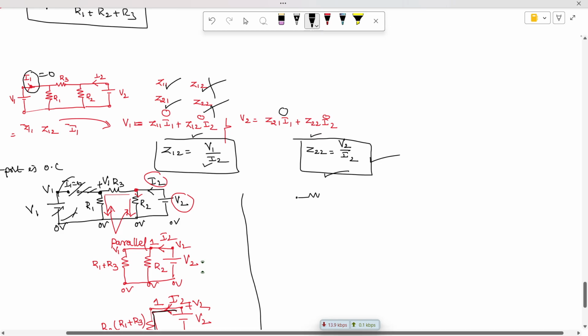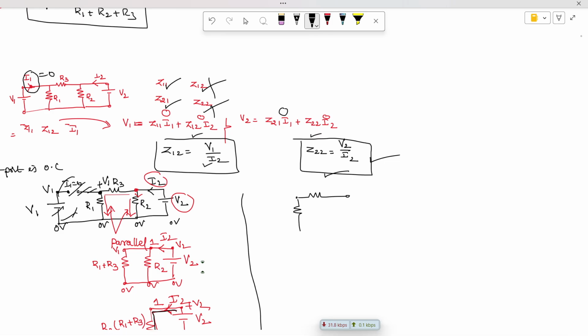R3 followed with R1, followed with R2, and with a voltage of V2 and a current of I2, and this branch is R2, this branch is R3, this branch is R1.